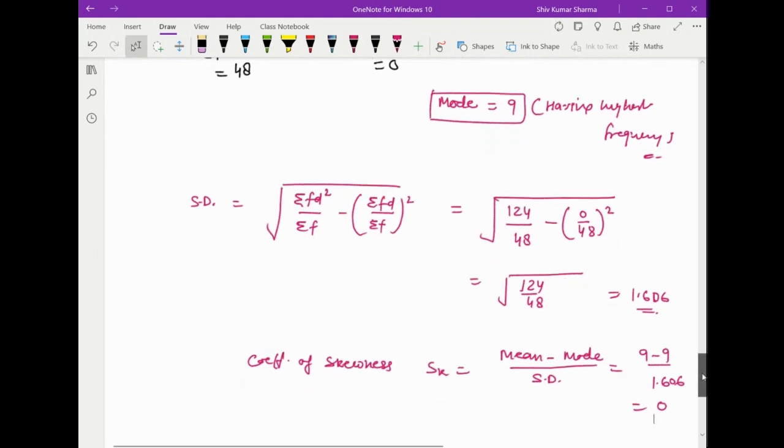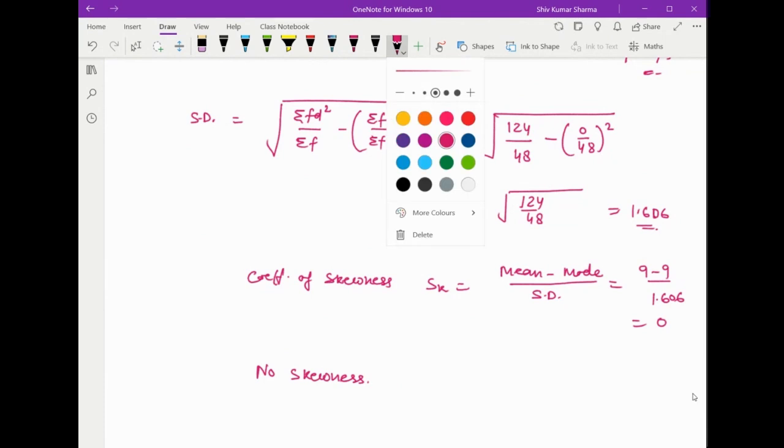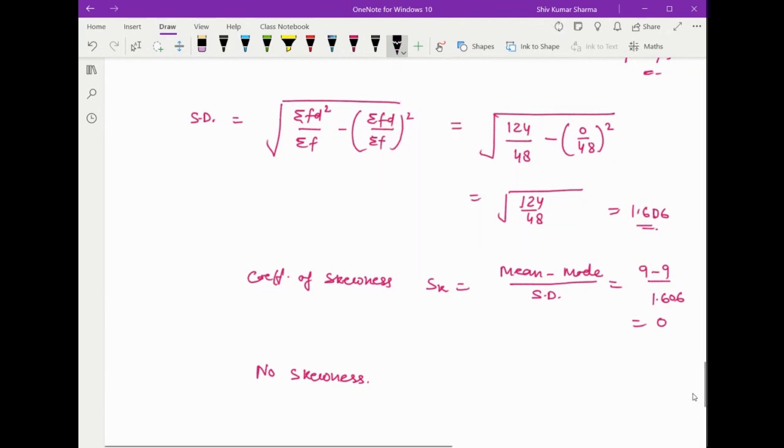The interpretation is as written above: if the value is 0, there is no skewness, so we can say that the distribution is symmetrical.